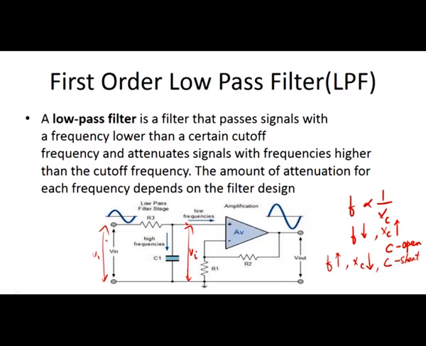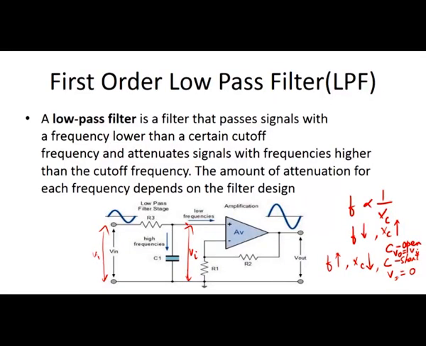So, if a high frequency is given at the input, this capacitor will act as a short circuit, no voltage across the capacitor will be seen, and the voltage at the output of the filter will be 0 for higher frequencies. So, if C is open, then V naught is equal to Vi, and if C is shorted, then V naught will be equal to 0.